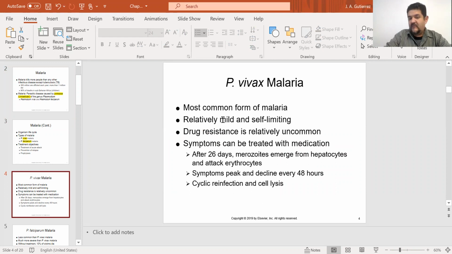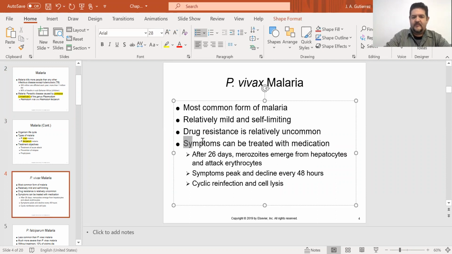Of the two, this is the mild form, and it can be self-limiting. So that means that regarding treatment, we go more by symptoms, fever, body ache, stuff like that, and we don't use specific drugs. The highlight of this Plasmodium vivax is that the symptoms peak and decline every 48 hours.